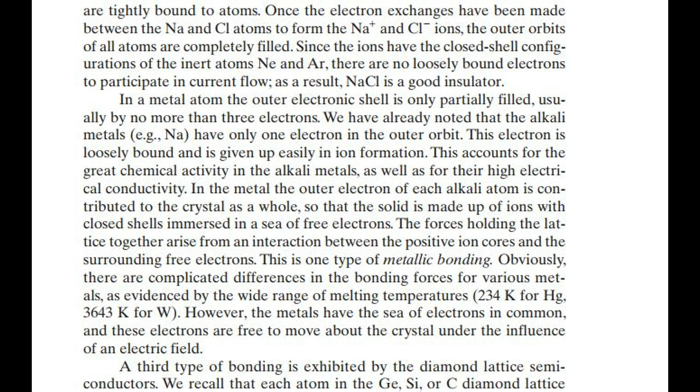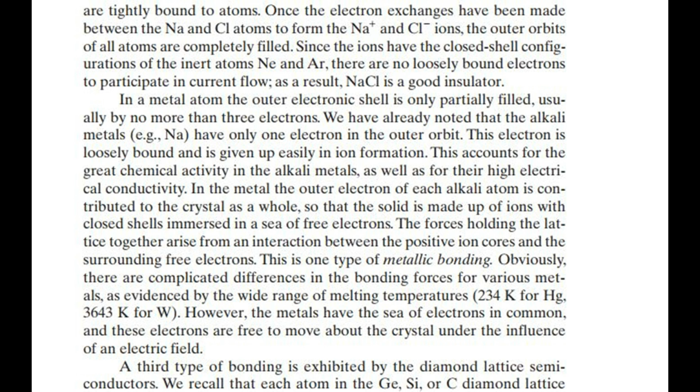This accounts for the great chemical activity in the alkali metals, as well as for their high electrical conductivity. In the metal, the outer electron of each alkali atom is contributed to the crystal as a whole, so that the solid is made up of ions with closed shells immersed in a sea of free electrons. The forces holding the lattice together arise from an interaction between the positive ion cores and the surrounding free electrons.